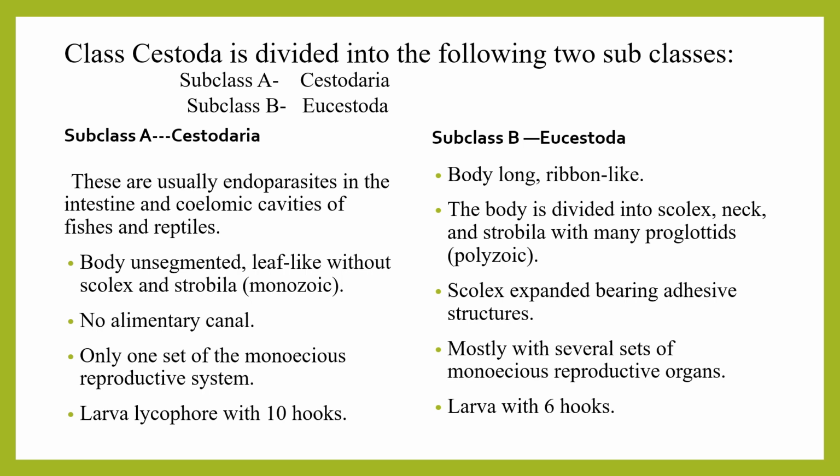The subclass B Eucestoda, the forms are long ribbon-like forms. The body is divided into scolex, neck, strobila with many proglottids, and the scolex is expanded bearing adhesive structures. They are mostly with several sets of reproductive organs, and the larva has 6 hooks.